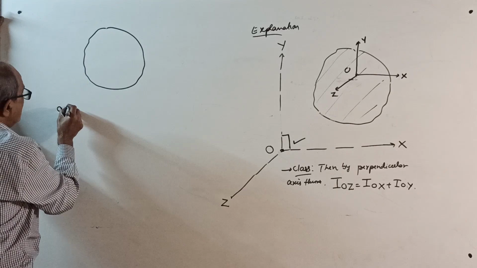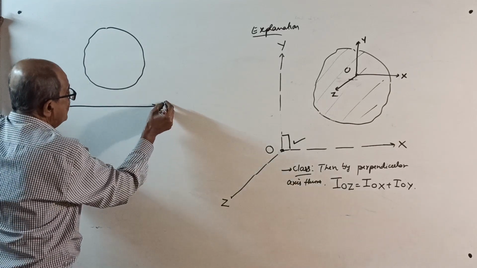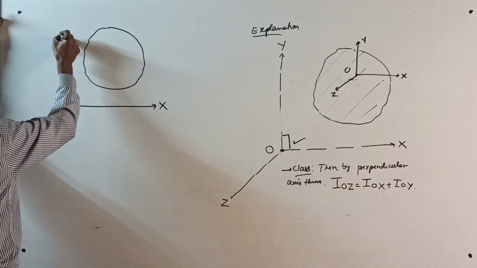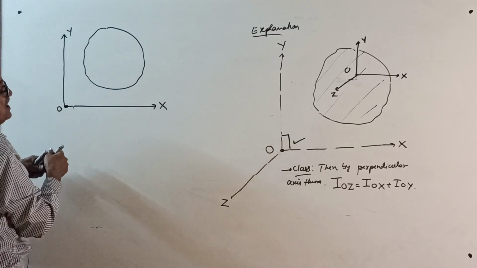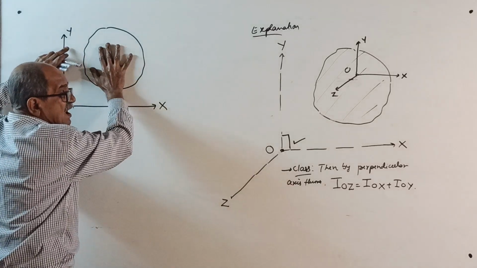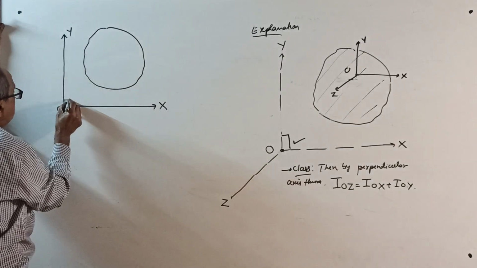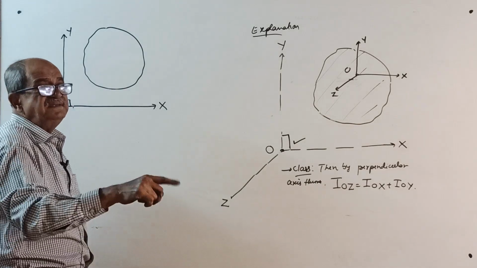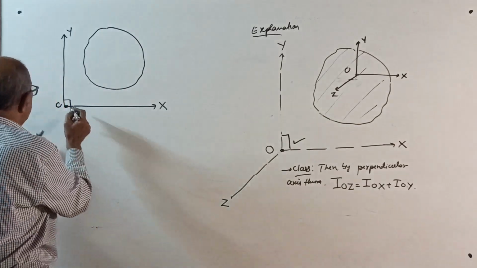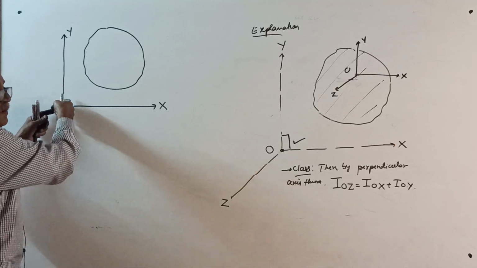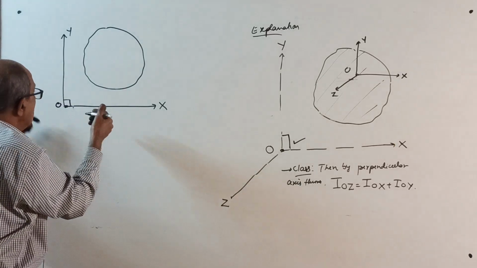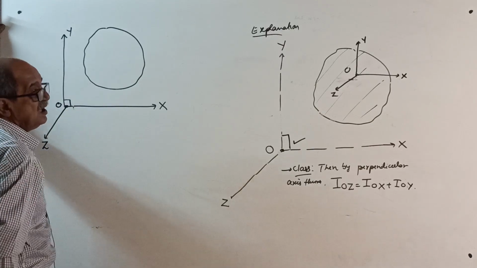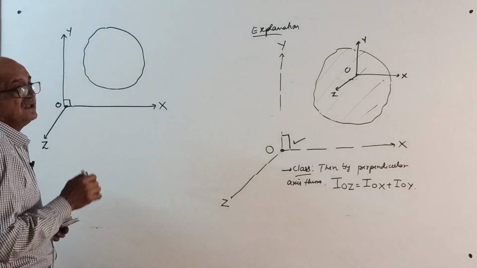Then consider two axes, OX and OY, which lie in the plane of the area but are mutually perpendicular to each other. Then consider another axis passing through the point O but perpendicular to the plane. I can't show it, so I'll show it this way here. See, Z. This much of the statement you write.